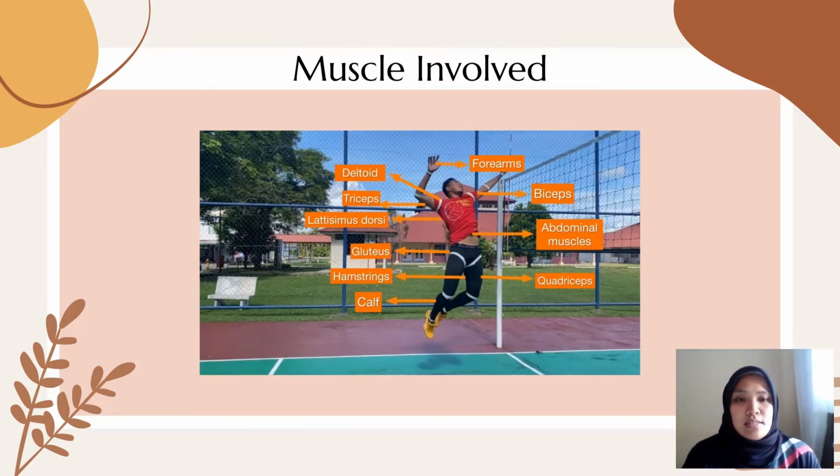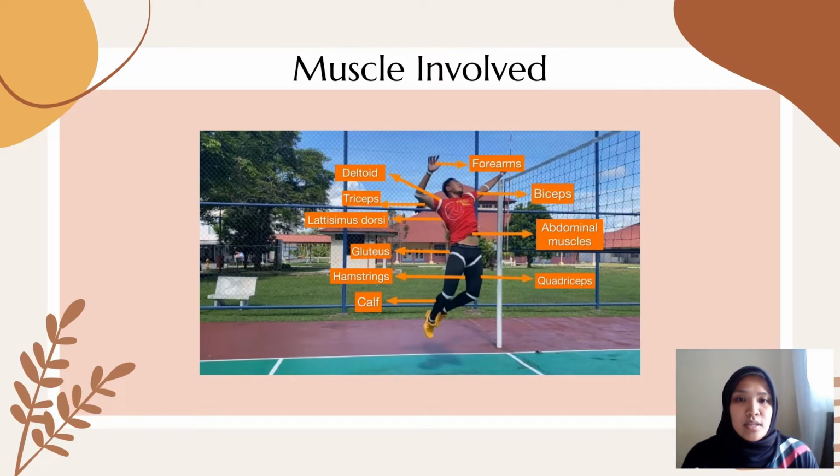The quadricep is the primary muscle that produces most of the force for motion. This muscle will be used for accelerating you in stepping forward or backward and jumping.